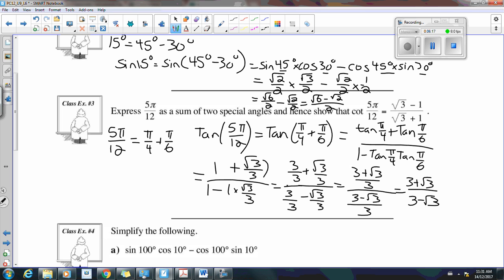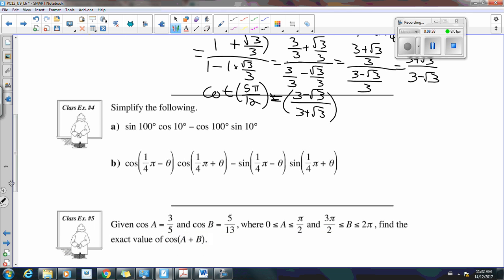And now remember that this is the tan ratio. I want the cotan ratio of 5 pi over 12, so I'm going to flip this. So this is equal to 3 minus root 3 over 3 plus root 3.